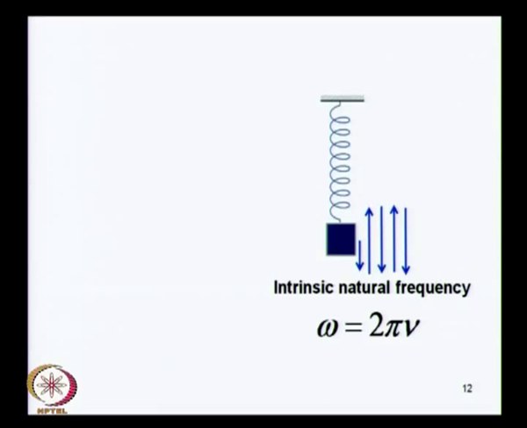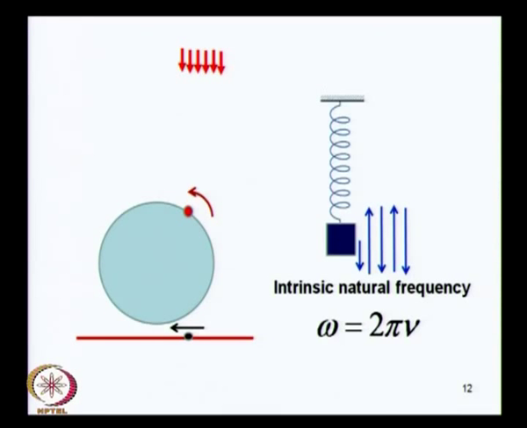Why it is called a circular frequency will also become clear as we discuss it in the next few minutes, but the reason it is called a circular frequency is because of its connection with what is called uniform circular motion, because the equation of motion which governs this is the same that would govern the motion of the shadow of an object which is in circular motion.